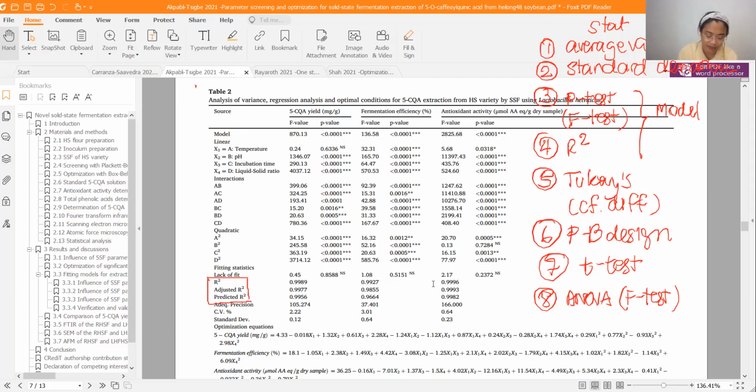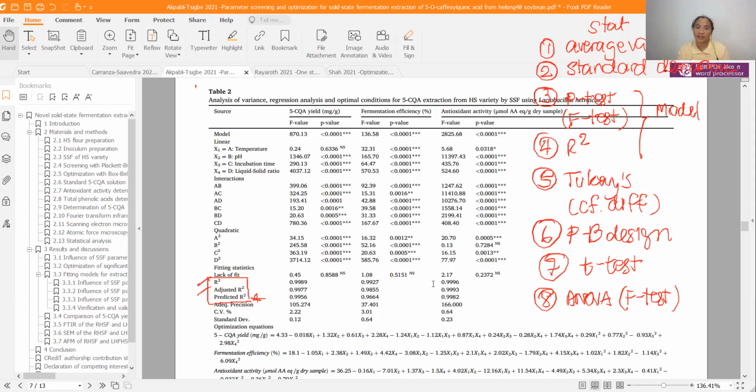In the lecture, we talked about R-square and adjusted R-square, right? This one also has a predicted R-square. So three different R-squares tell you different things. In short, R-square gives you how well the data fit the model.